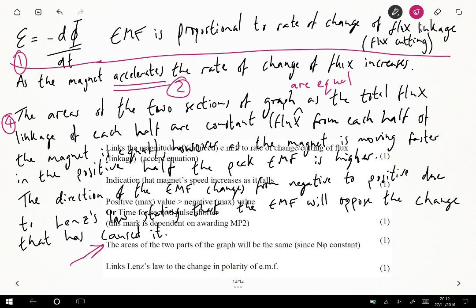And then I go for point 3. However, as the magnet is moving faster in the positive half, the peak EMF is higher. So the direction of the EMF in point 5 changes from negative to positive due to Lenz's law, stating that the EMF will oppose the change that has caused it.